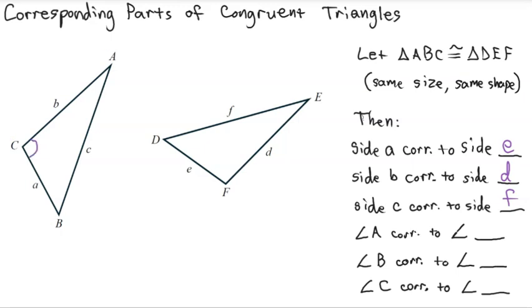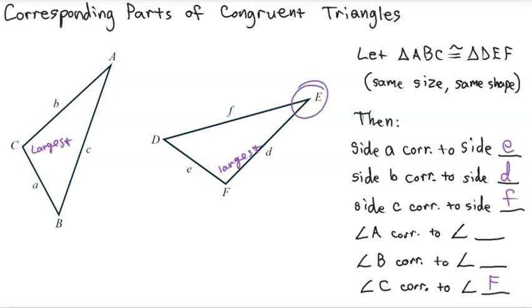And so angle C is the largest angle. And over here in triangle DEF, we can see that angle F is the largest. And so therefore, angle C corresponds to angle F, okay?